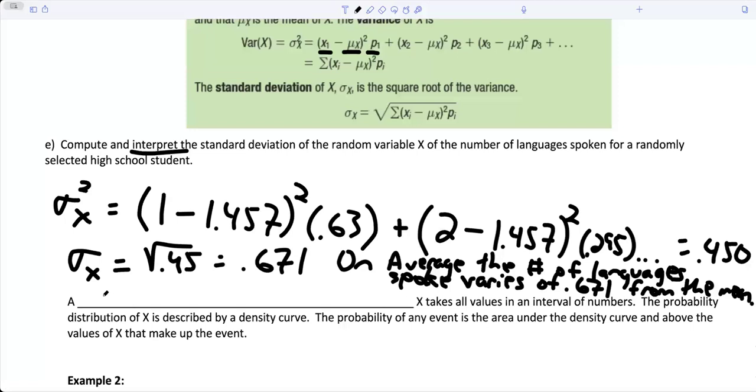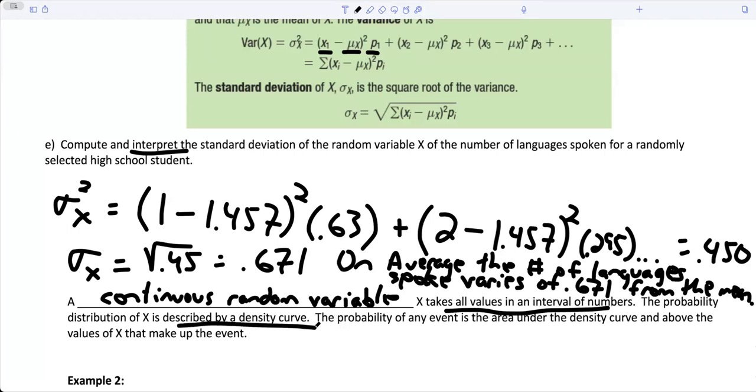Well, a continuous random variable takes all the values in an interval of numbers. So the probability distribution of X is described by a density curve.